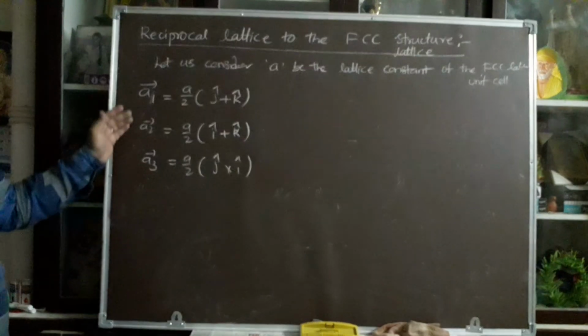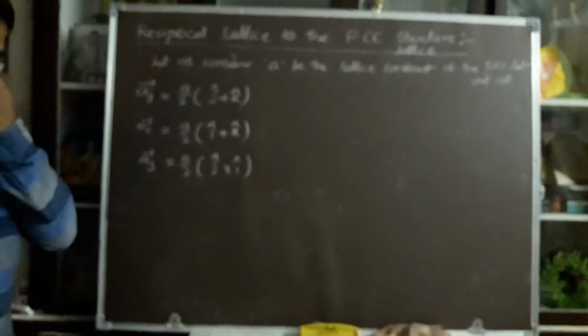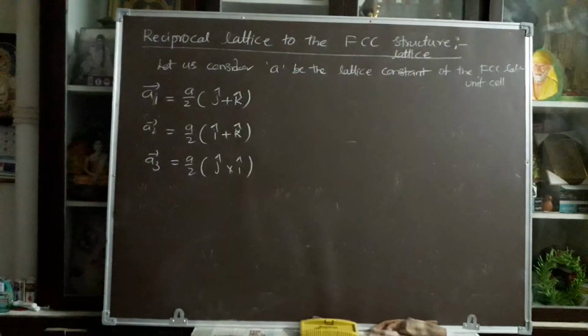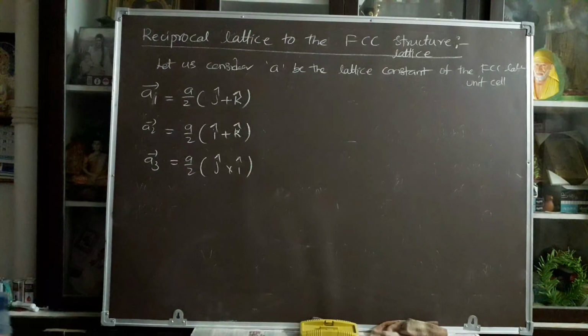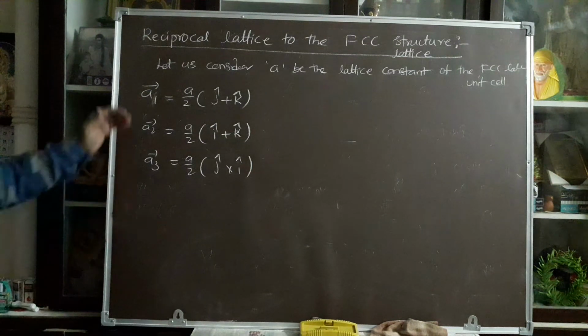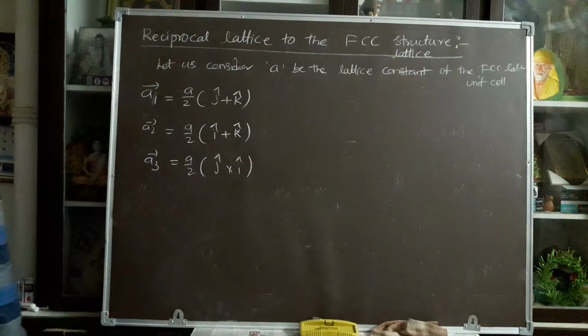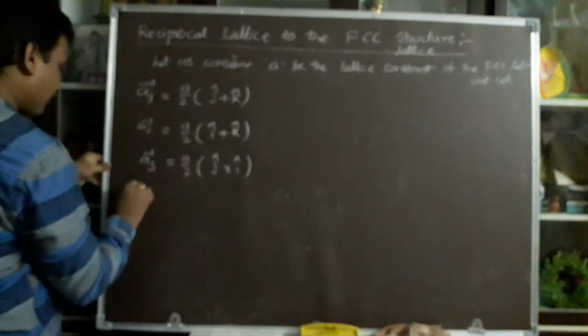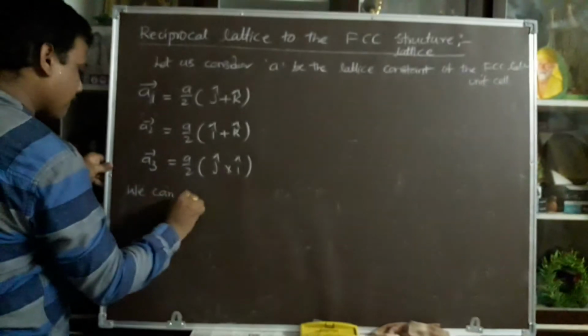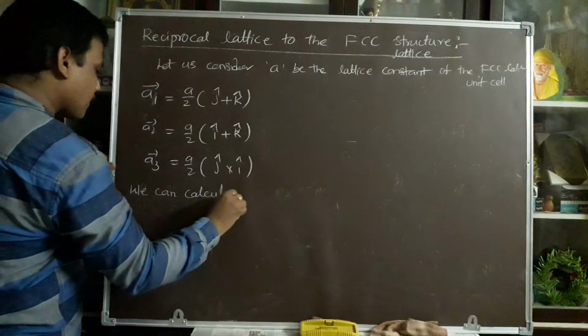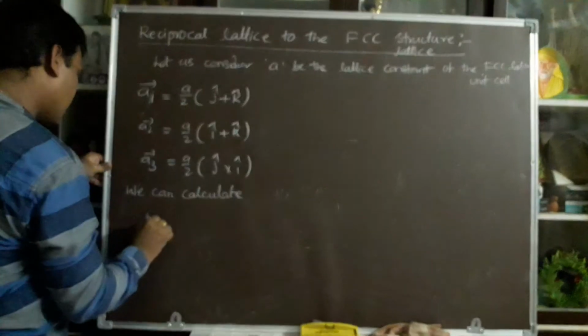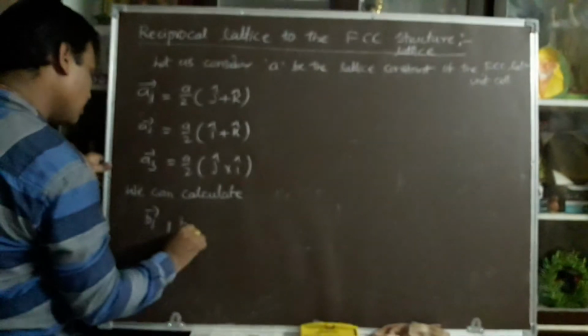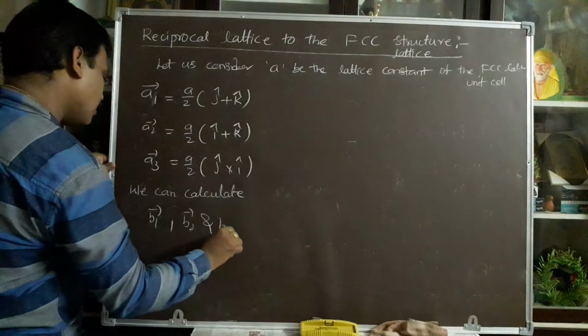These are the vectors with respect to the FCC lattice. Based on this, you can deduce the primitive vectors or basis vectors of the reciprocal lattice. So we can calculate b1 bar, b2 bar and b3 bar.